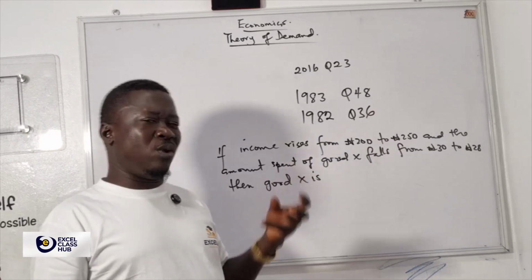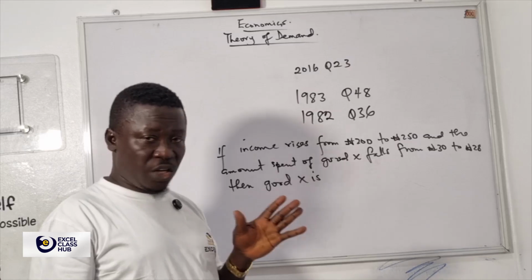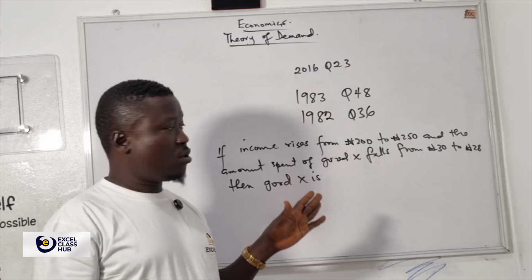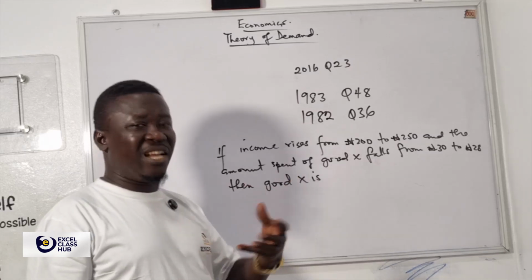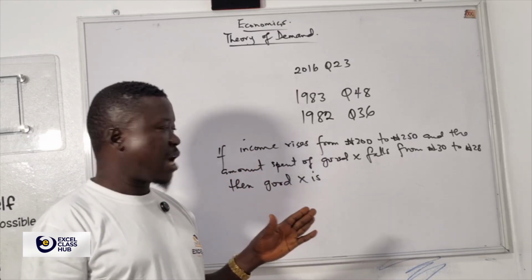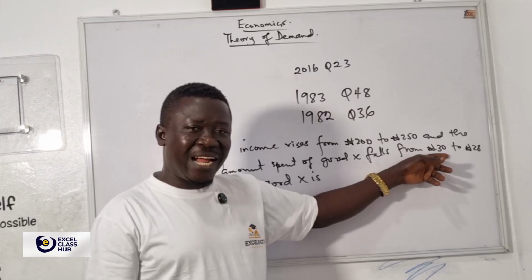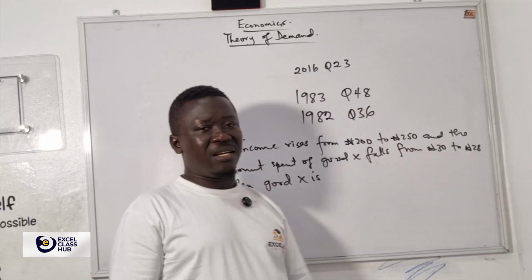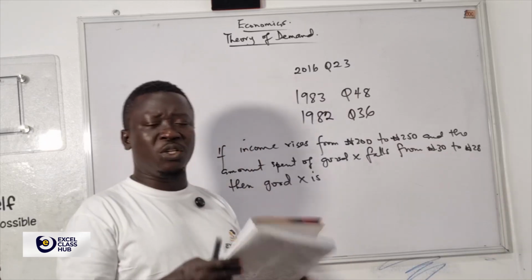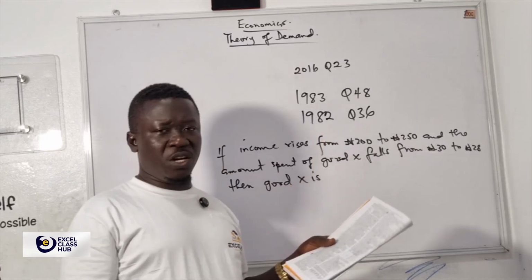The money you spend on a particular good, let me say on Gary. I'm sorry, I'm not saying Gary is a poor man's food though. I'm using Gary as an example. Please, Gary is not a poor man's food. I like Gary a lot. From 30 naira to 28 naira, automatically, nobody should tell you that this particular good is an inferior good.